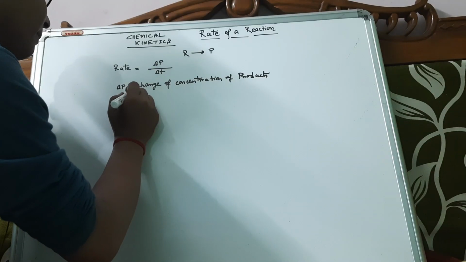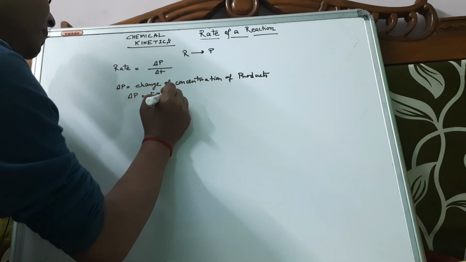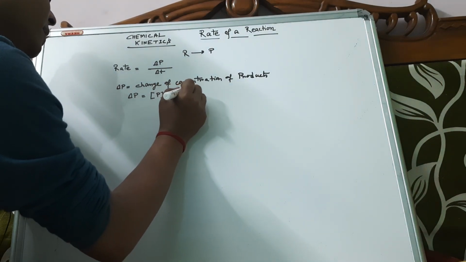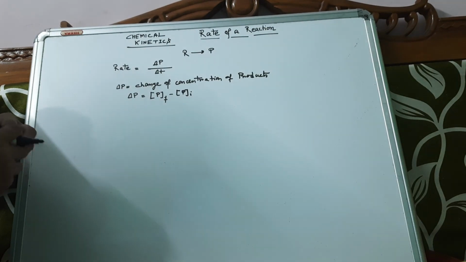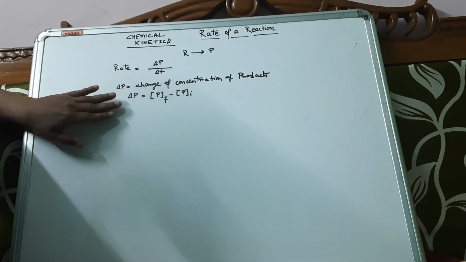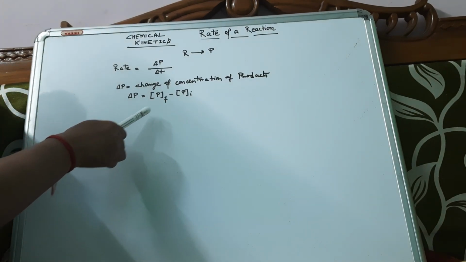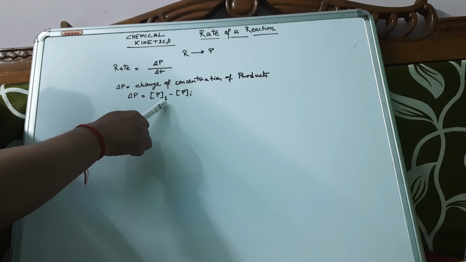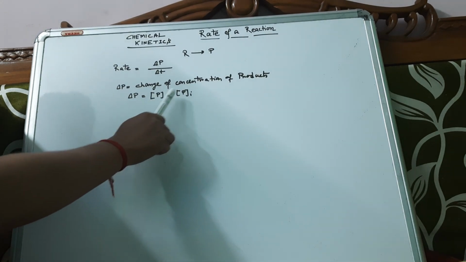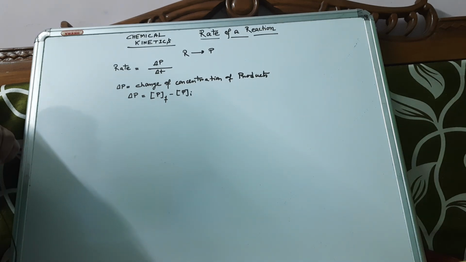So what is the delta P? Delta P is the P final minus P initial. And here I must say, my dear students, while you are doing any change in chemistry or physics, always take final minus initial, final substance minus initial substance. So final concentration minus initial concentration. Otherwise, there will be an error in sign.